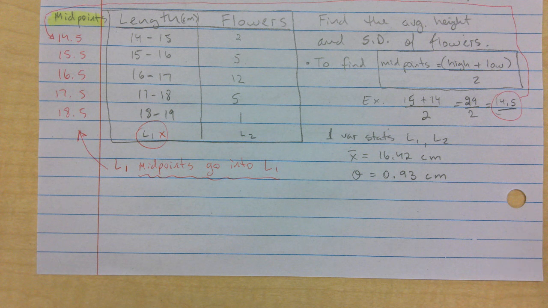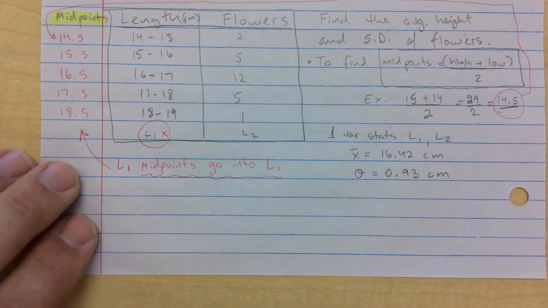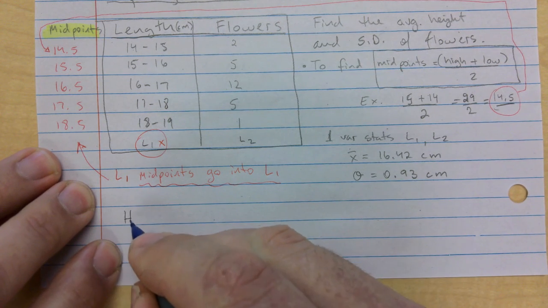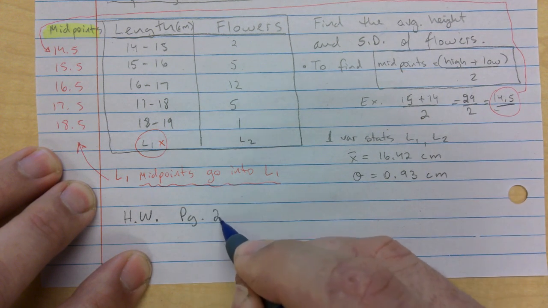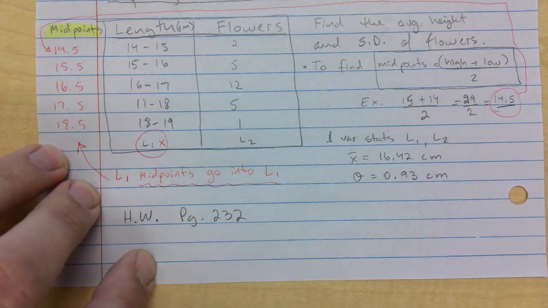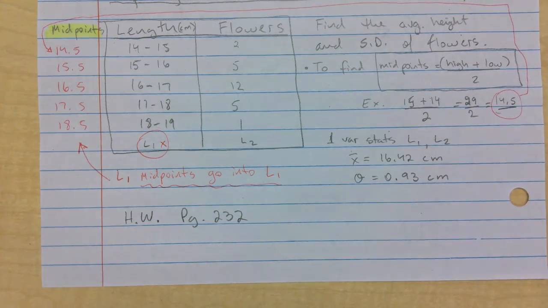All right. I think at this point I want you to go. Give me 1 second. I think I'm going to do two things here. Homework. Page 232, I believe it is, in your textbook. So I know your textbook has been collecting dust for a while.